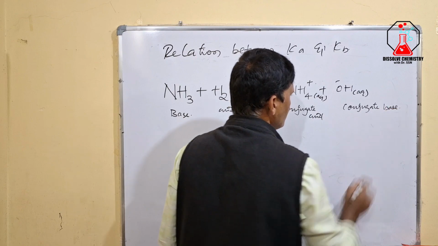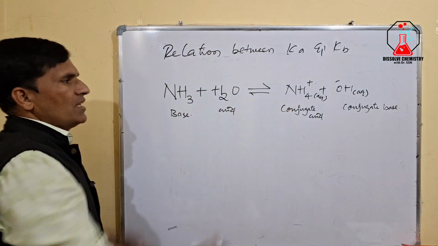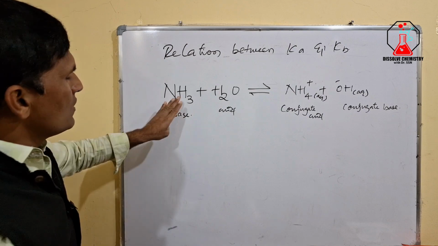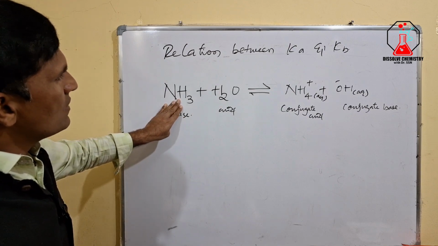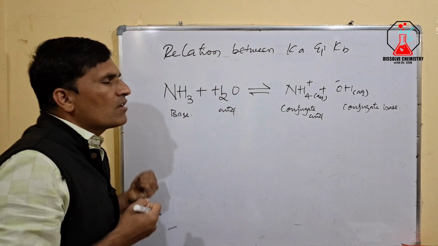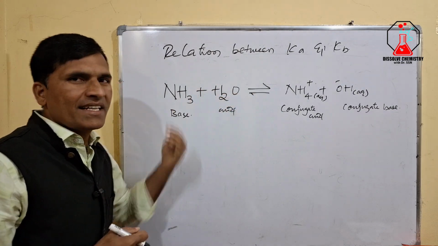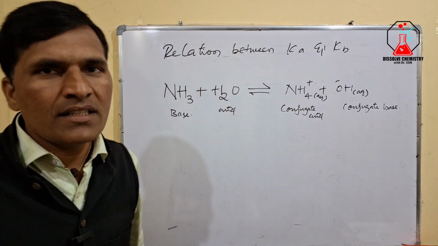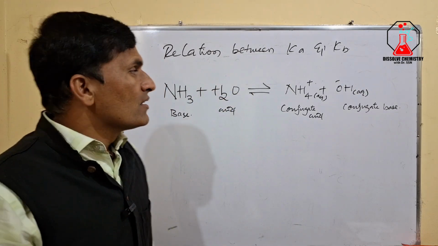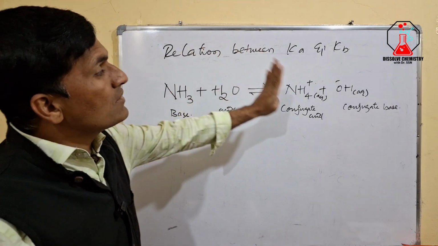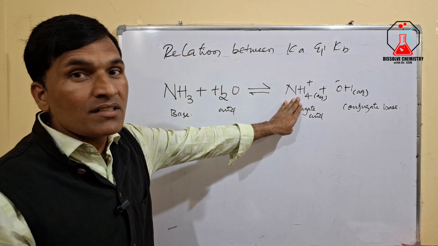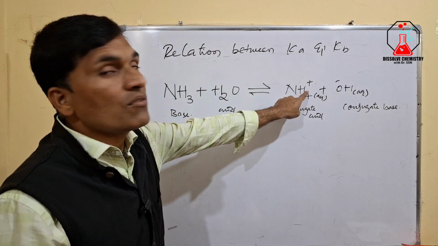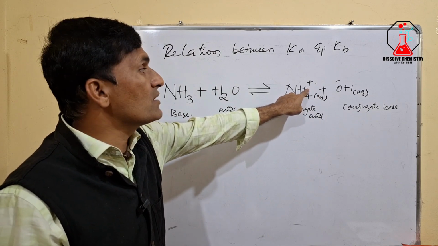When you look at this equation, ammonia is the base, and it accepts a proton from water, where water is acting as an acid and donating the H plus ion. After that, it forms the ammonium cation, which has one additional H plus ion.